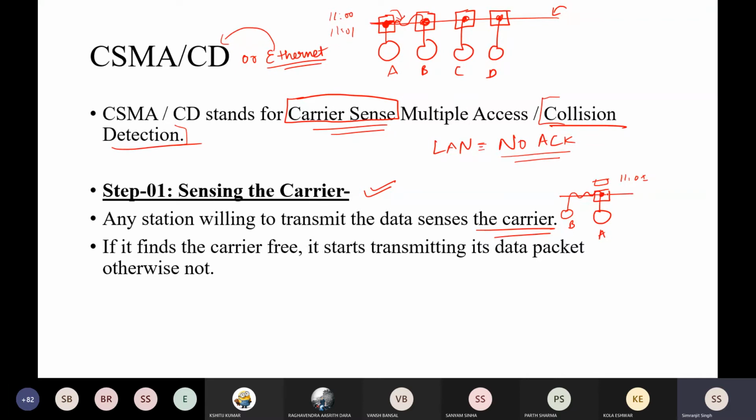So it will not put the packet onto the link, because if it did, the collision chances are very, very high. So it will refrain from sending for some amount of time. After some time it will again sense the carrier to see if it is free or not. As simple as that.